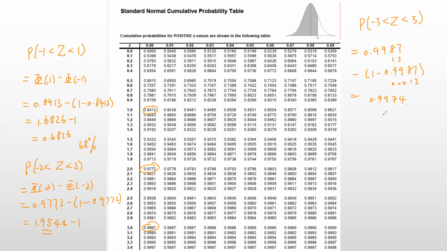So it's about 99.7%. All these numbers come from the standard normal distribution or the general normal distribution. If data shows some normality, then you can use these rules. But if the data doesn't show a nice bell-shaped curve, then it's not always good to use these numbers.